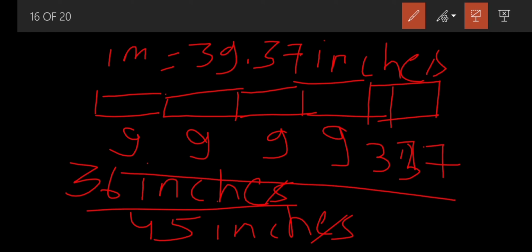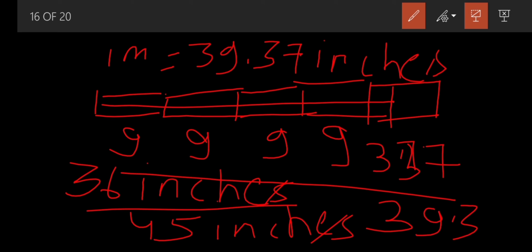Now if we add this, then the length of the wall will be 39.37 inches, or you can say 1 meter. 1 meter. Okay.